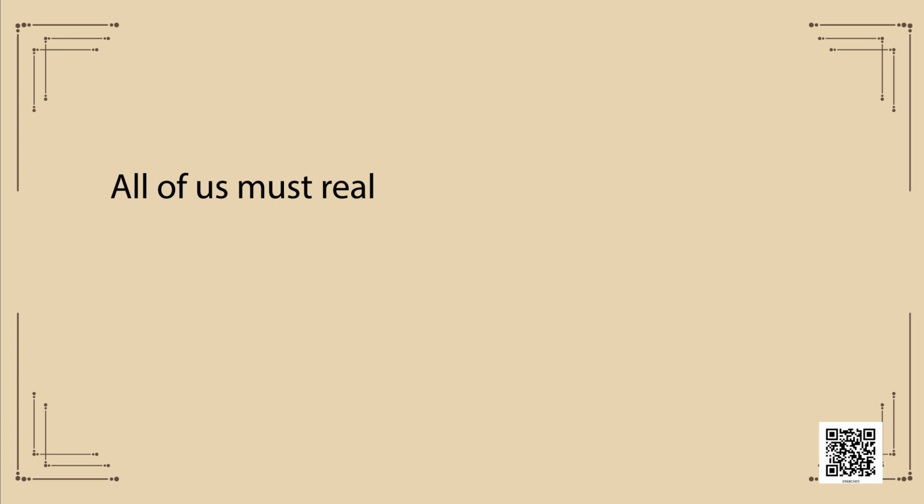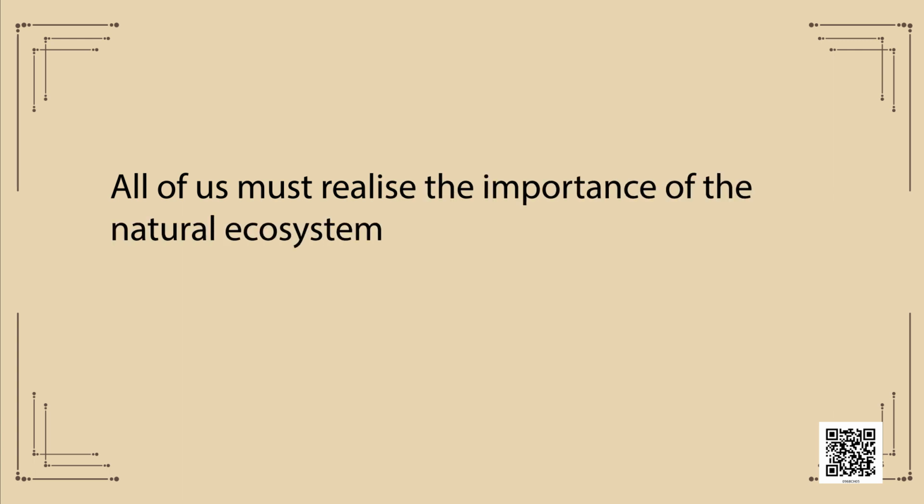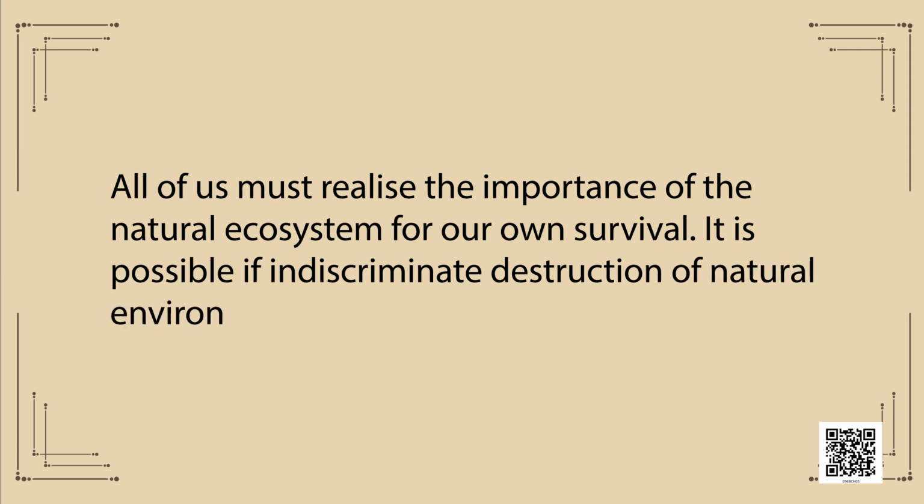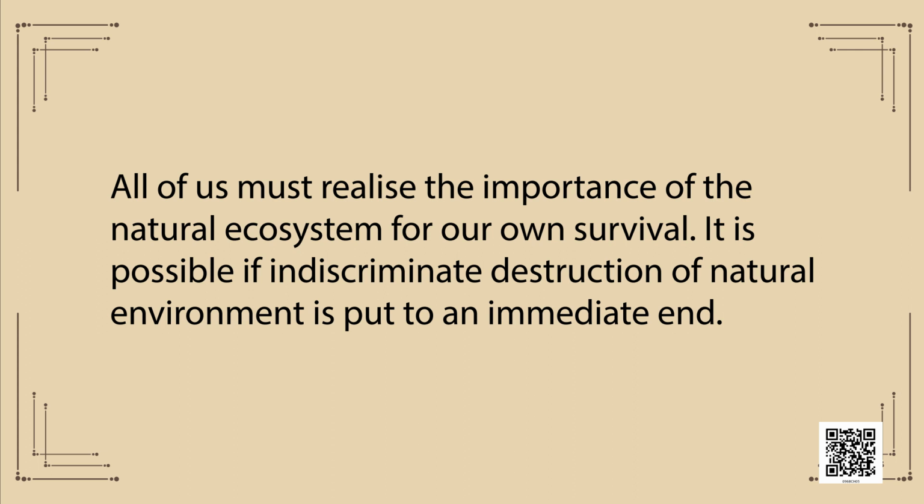All of us must realize the importance of the natural ecosystem for our own survival. It is possible if indiscriminate destruction of the natural environment is put to an immediate end.